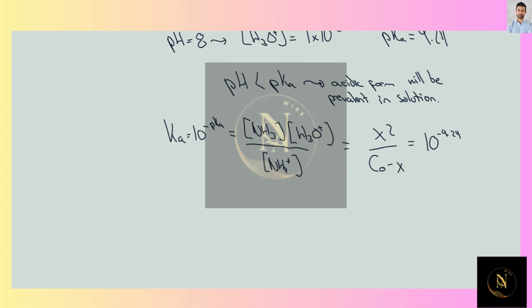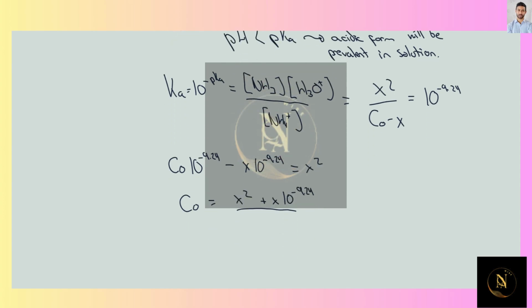So solving for C0, we're going to get that C0 times 10 to the minus 9.24 minus x times 10 to the minus 9.24 is equal to x squared. So C0 is going to be equal to x squared plus x times 10 to the minus 9.24, over 10 to the minus 9.24.